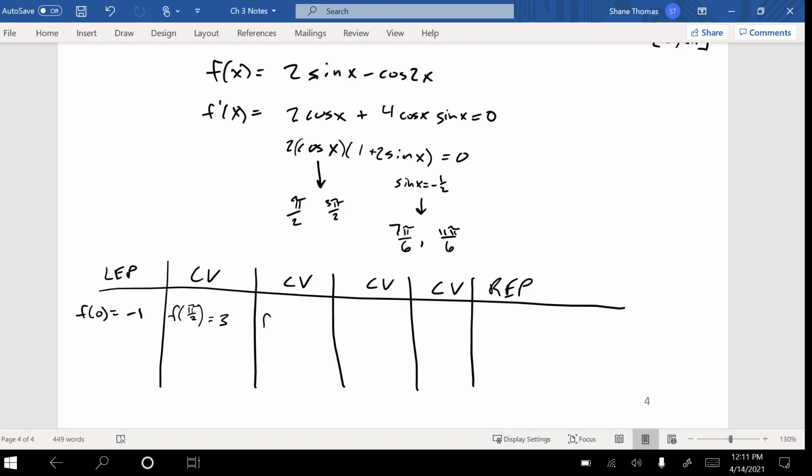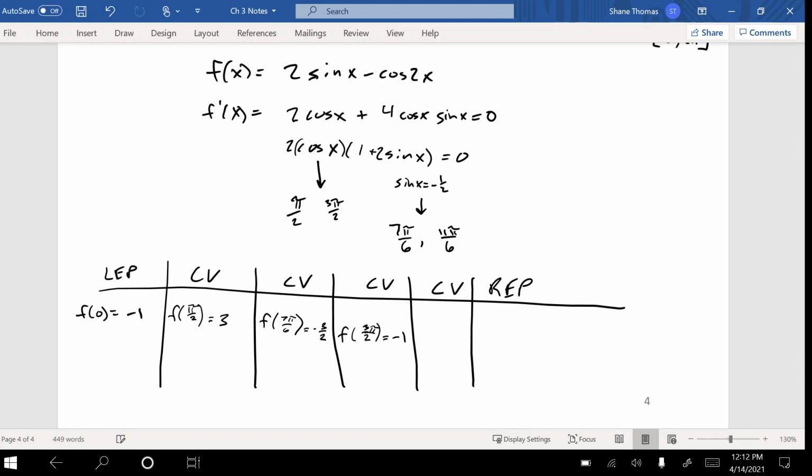All right, next one, f of, what's the next biggest one? 7 pi over 6, I just kind of did them in order. F of 7 pi over 6 is going to be -3/2. Next one, f of 3 pi over 2.